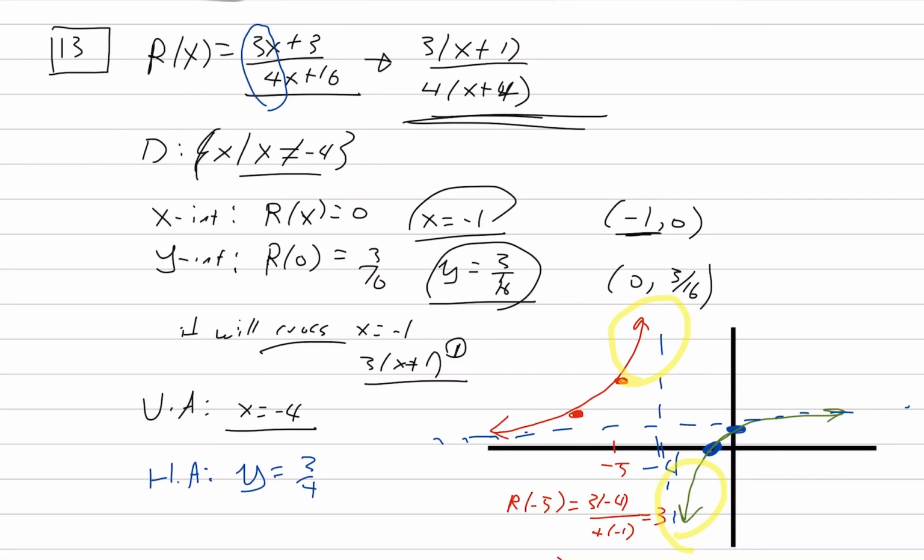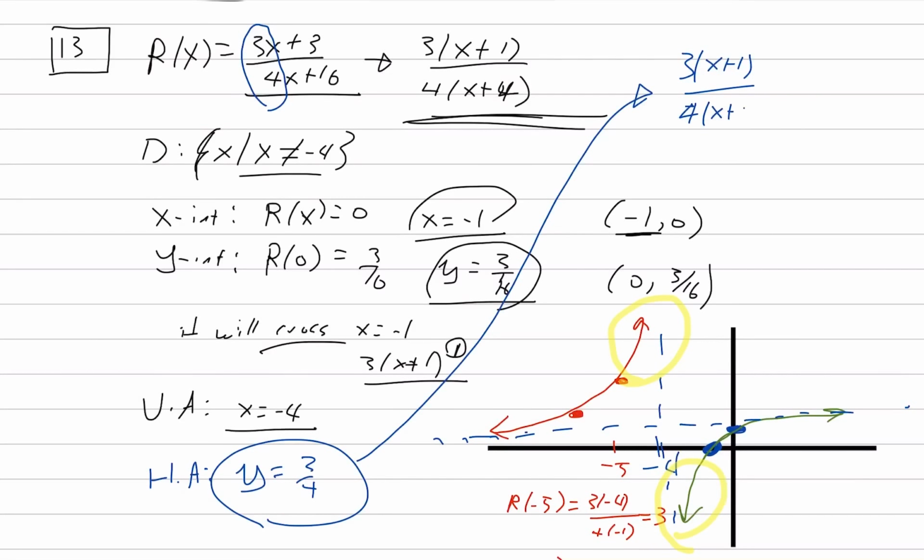Okay. So for that one, well, we know that the horizontal asymptote is this, right? So the question is, let me just bring it here. Would this function ever equal 3/4? Is there an x value such that this equation equals 3/4?